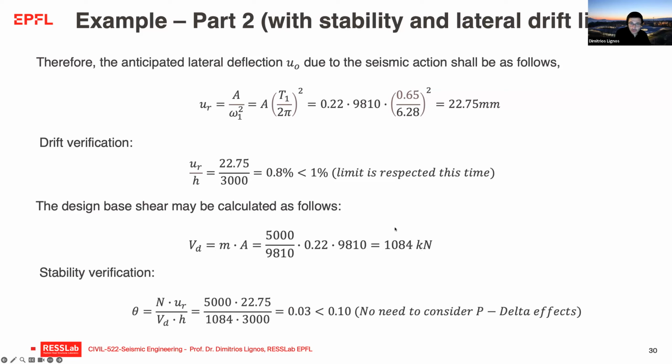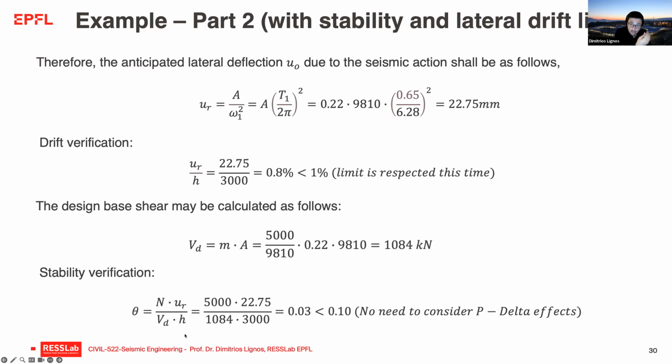So I can proceed to the stability verification. So theta is equal to N times UR divided by VD times H. Be careful because UR now is going to be 22.75 that I just calculated here. And my VD is going to be 1084 that I just computed from the line above.